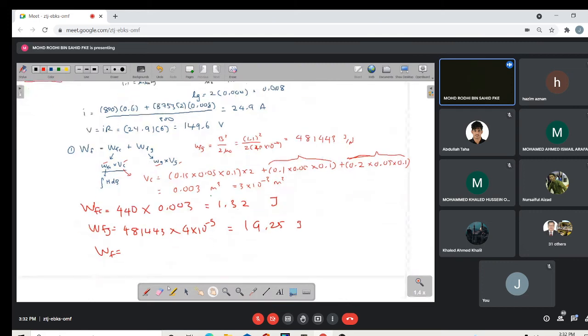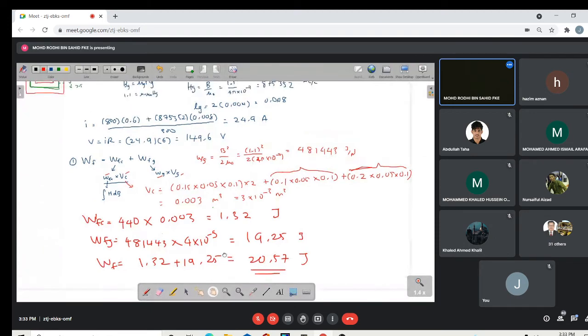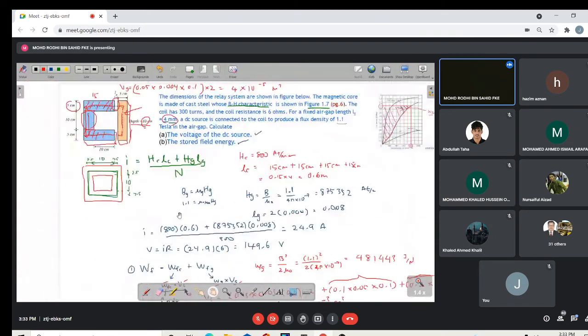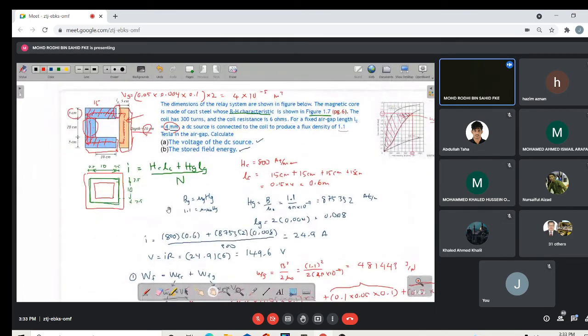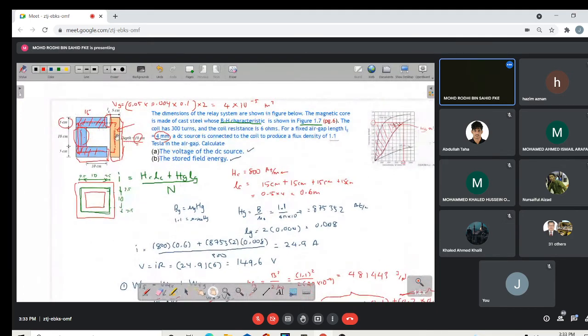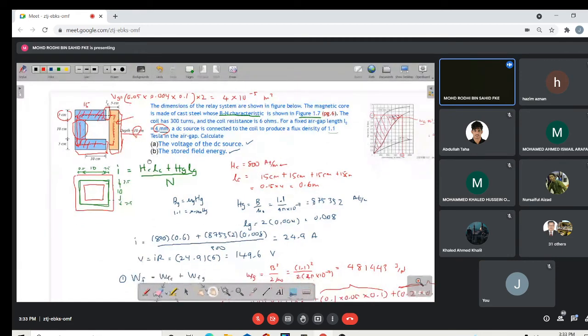When we add up together these two, 1.32 plus 19.25, we get 20.57 around. Okay, joule. So this is the total energy stored in this type of magnetic construction, as you can see here. So the stored field energy is 20.57 joule.